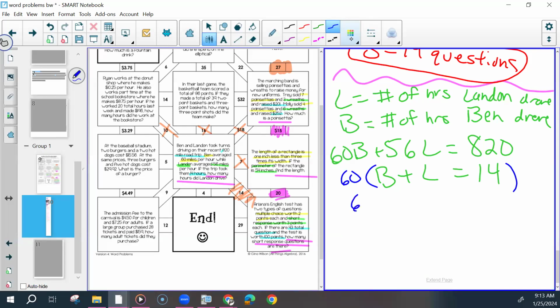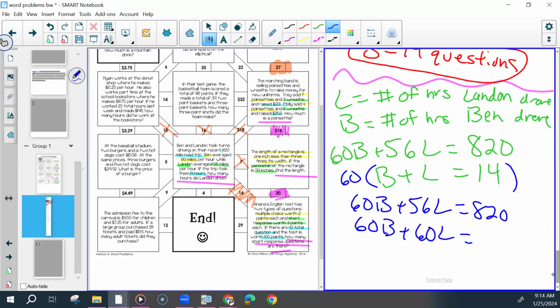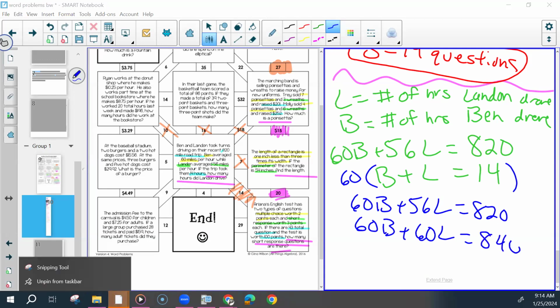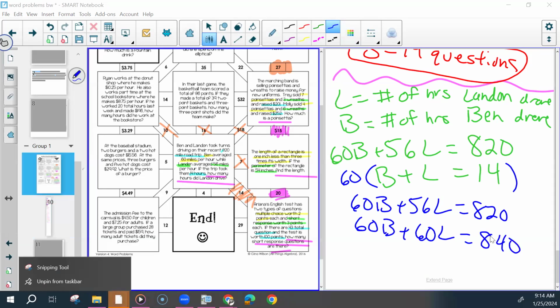I'm gonna rewrite them. 60B is 6,020. What is that?